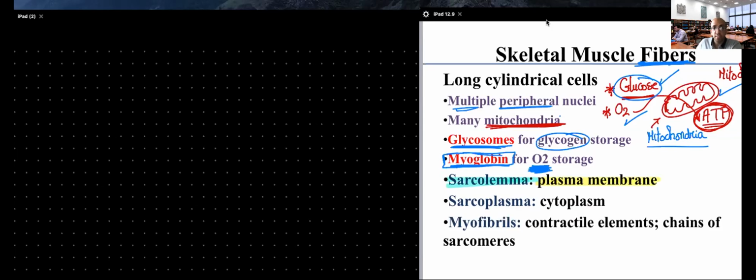Sarcoplasm is going to be the cytoplasm of the skeletal muscle cell. The myofibrils, those are the contractile elements located within the skeletal muscle cells.